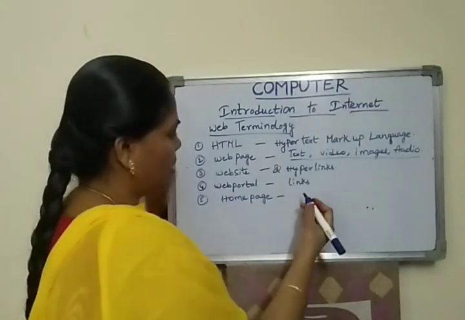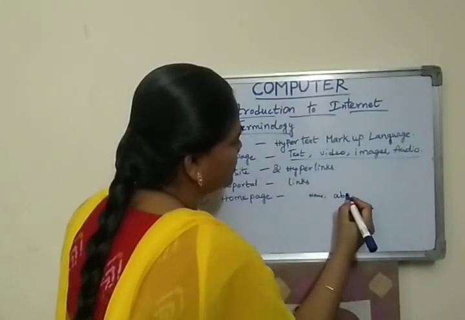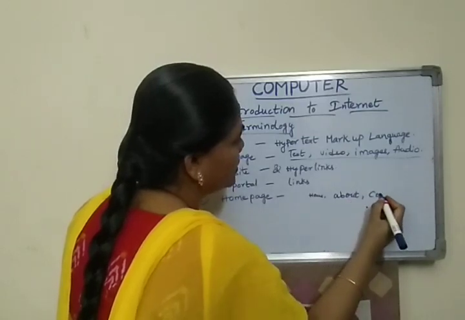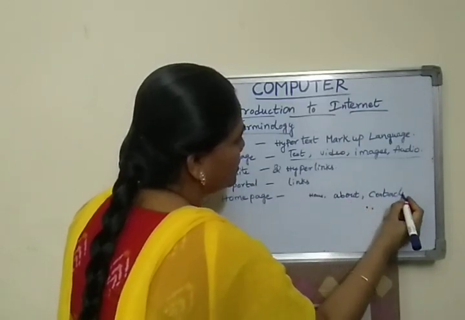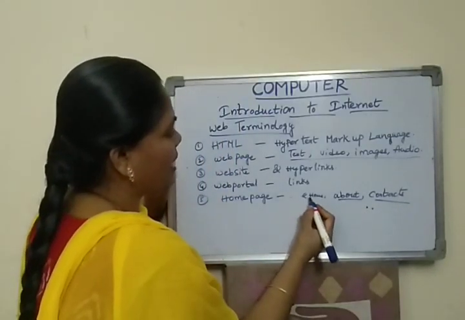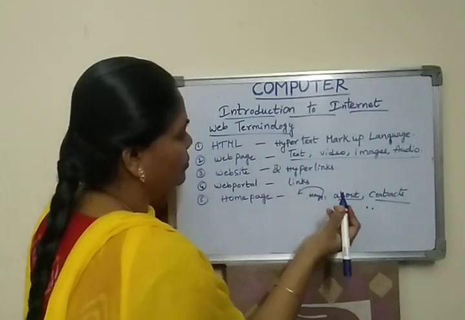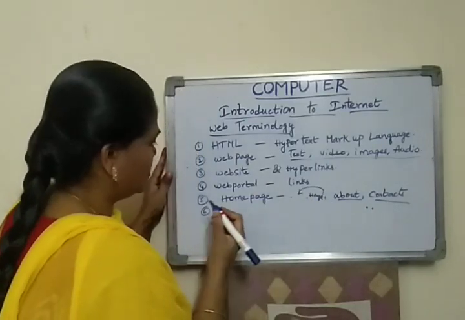That means in some websites you will see home, about, and contacts, isn't it? All these are different links provided in the home page. If you click the back button, it comes to home, or if you click on this home, it comes to the home page.